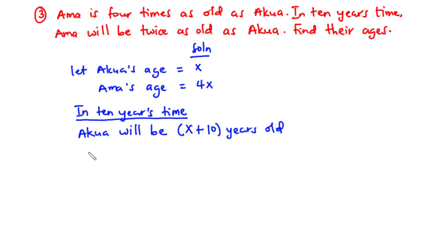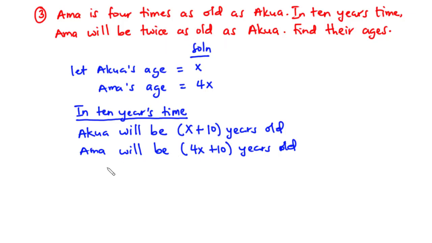And then in 10 years time, Amma will be 4x plus 10 years old. So this will be their ages in 10 years. Now from the word problem, we are told that in 10 years time, Amma will be twice as old as Equia.